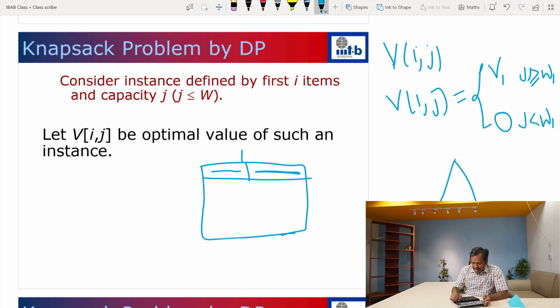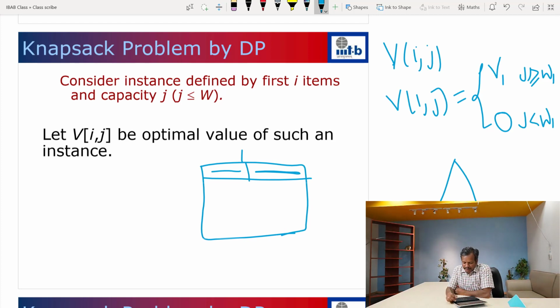I cannot use the same item again, so this will be i minus 1 comma, and I will be left with a knapsack of size j minus Wi.